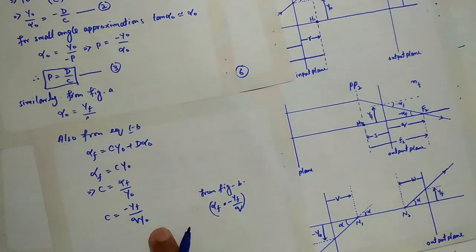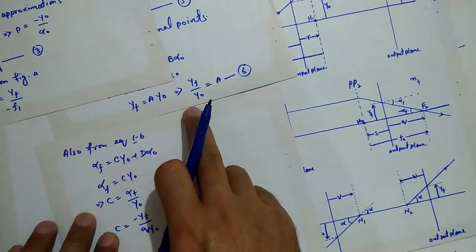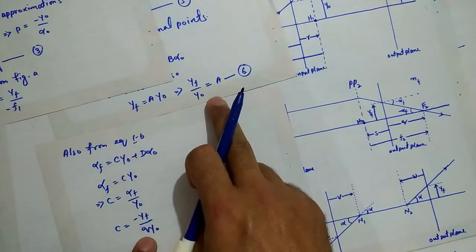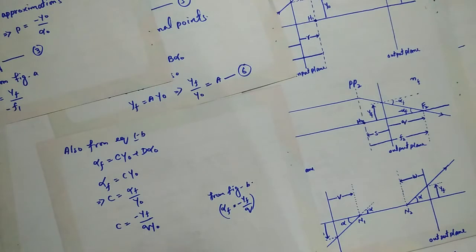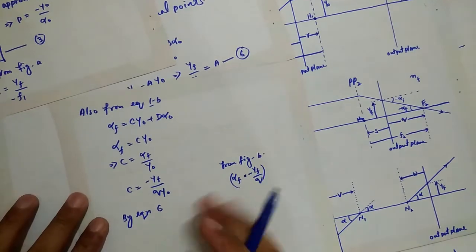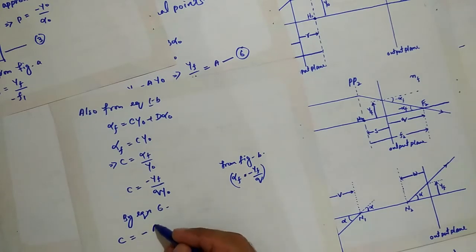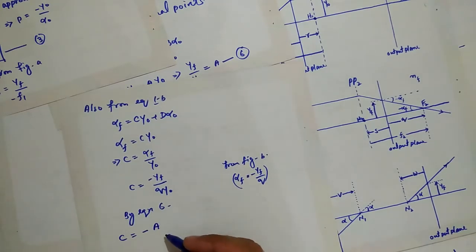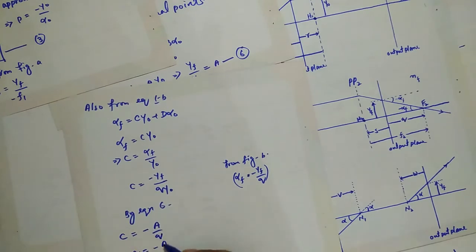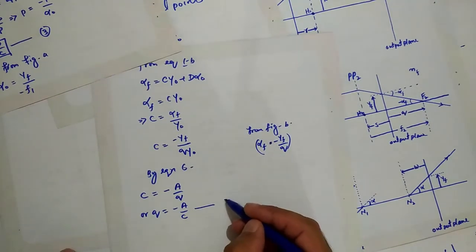Clear? And in equation number 6, yf over y naught is A. Therefore by equation 6, C will become equal to minus A over q, or q will be equal to minus A over C. This is equation number 7.